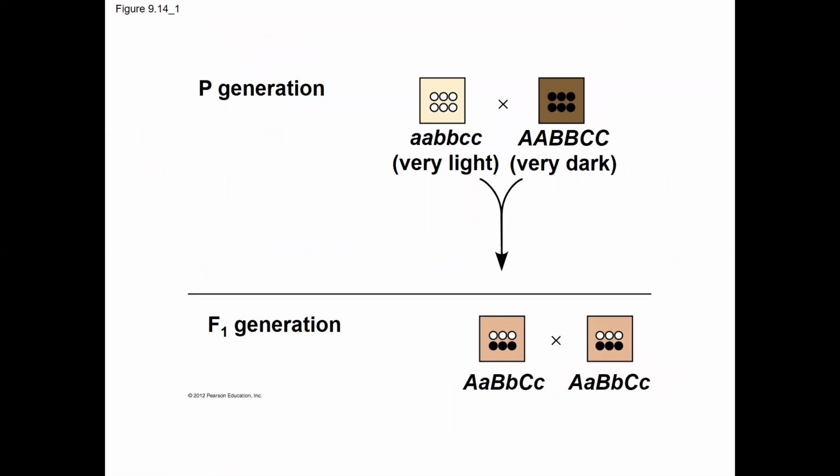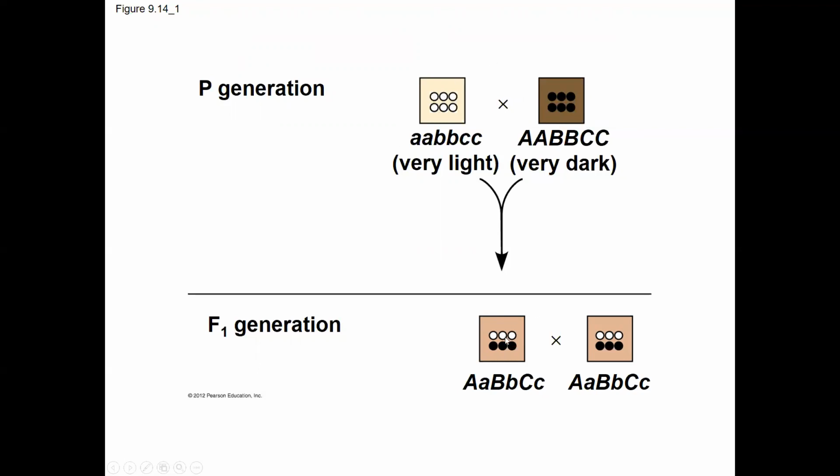So in a parental generation, the P generation, you can have an individual that has very light colored skin compared to an individual with very dark skin. And you can see here, the dots represent the multiple genes that this individual has and the traits that they seem to code for.